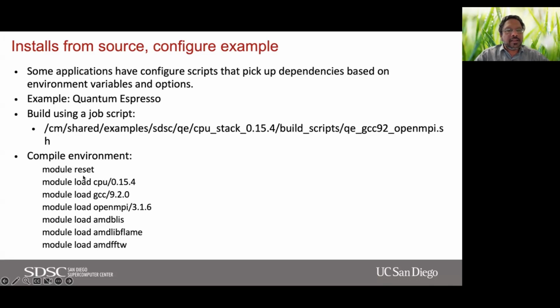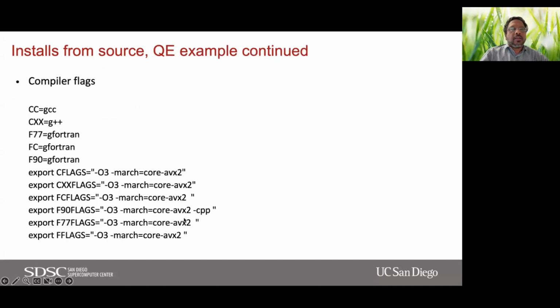I'm saying, hey, I need the CPU stack, I need GCC 9.2.0, OpenMPI, and some AMD libraries like the BLIS library, which is the equivalent of LAPACK math libraries, and libFLAME, and FFTW. So that's kind of setting up the environment.